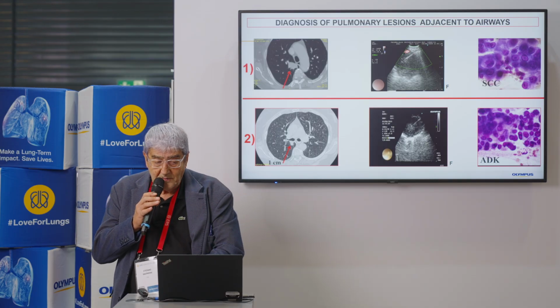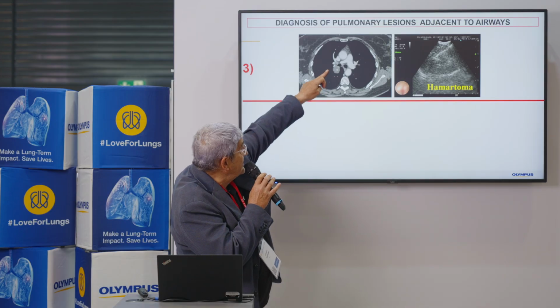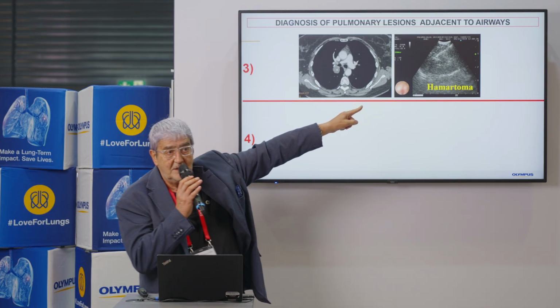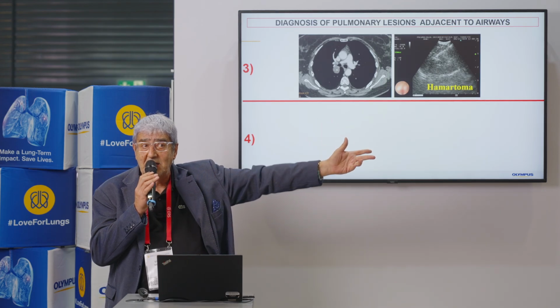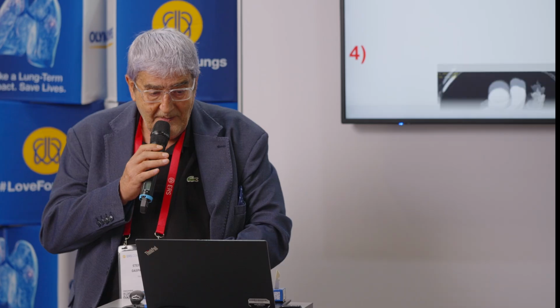Go on, more in the periphery. This is another lesion close to the right main bronchus. Look, it's easy to visualize it with the echo-bronchoscope, and the diagnosis is hamartoma.